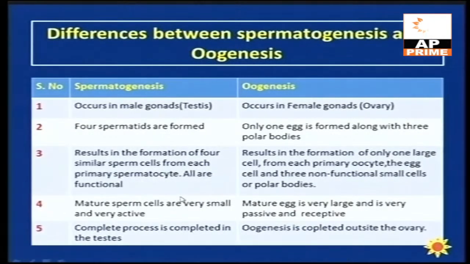The entire process of spermatogenesis will be completed in the testis itself, whereas oogenesis starts in the ovary and is completed outside the ovary. These are the major events in the formation of sperms from the testis and the formation of ovum from the ovary. Thank you.